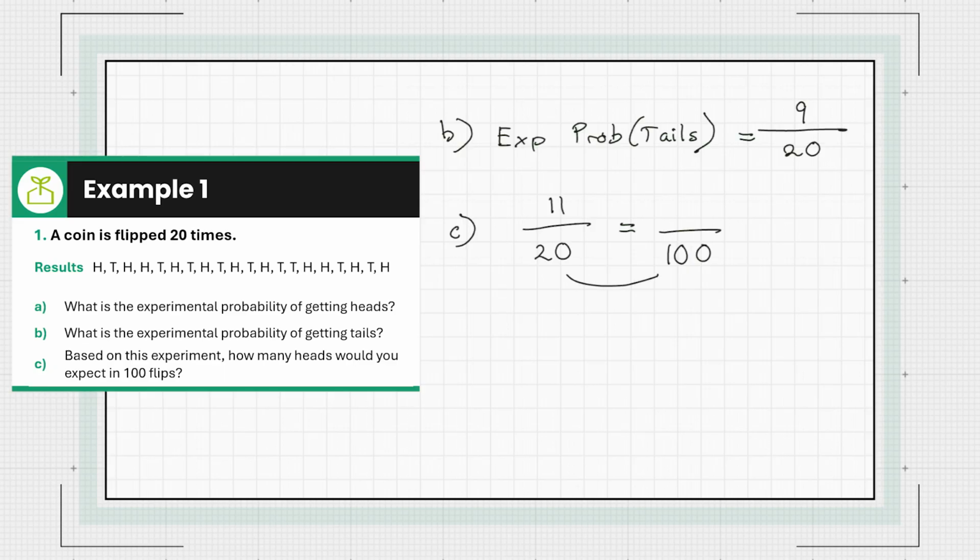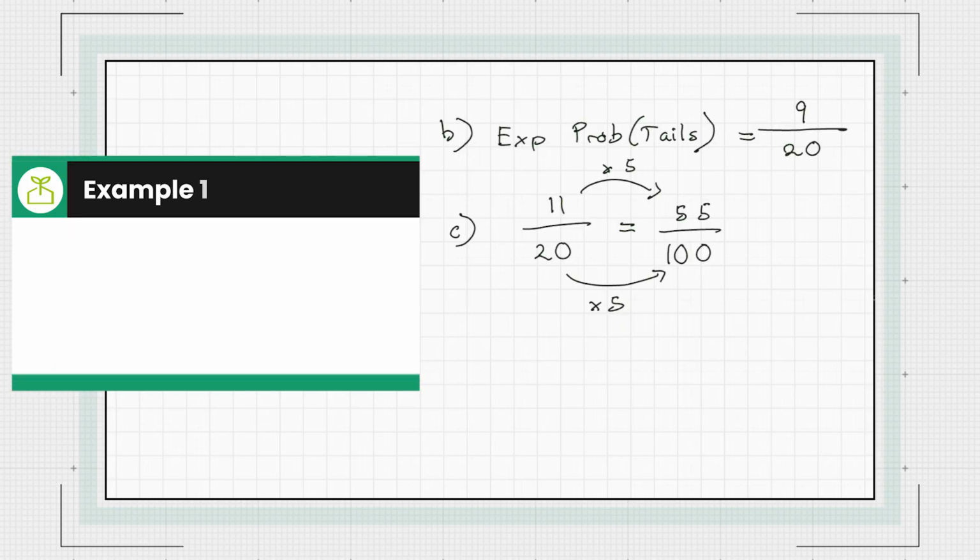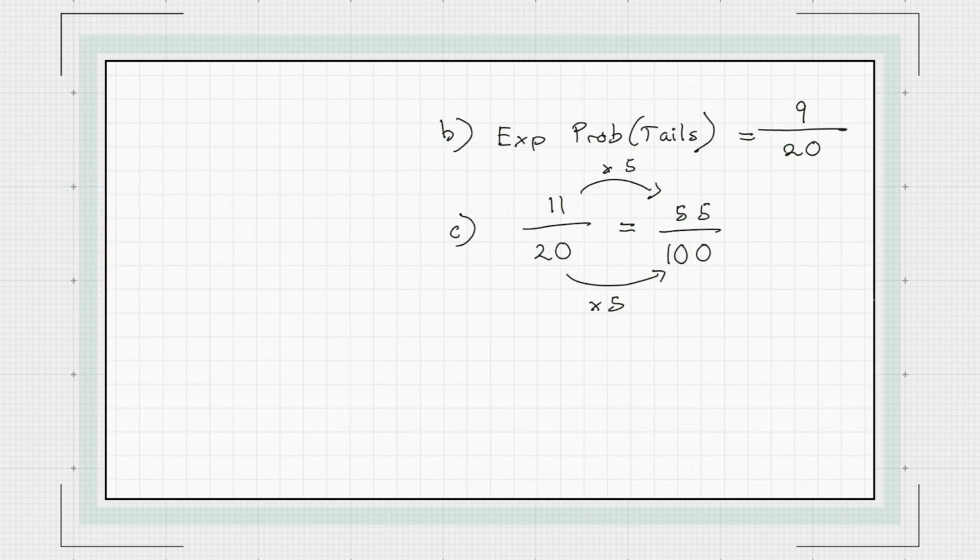So we just need to work out how I've gotten from 20 to 100. Because it's gotten larger, I've clearly multiplied, and 20 times 5 is equal to 100. Now, for it to be an equivalent fraction, I have to do the same thing to the top. So 11 times 5 is equal to 55. So if I redid this, I would expect to get 55 heads based on this information.